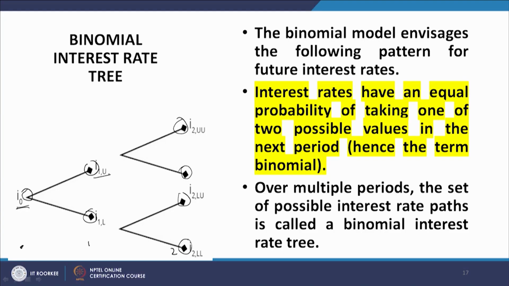So, what we assume in this tree is that at t equal to 1, the forward rate that would prevail from t equal to 1 to t equal to 2 could be either I 1 u or I 1 l. So, we are able to incorporate two possible values of the forward rate that we believe to represent borrowing or lending from t equal to 1 to t equal to 2 years.